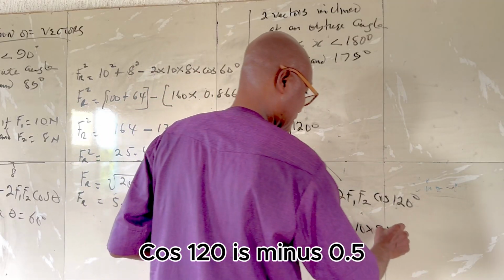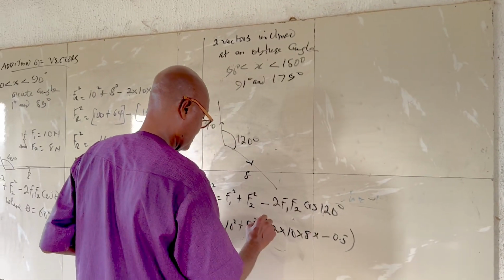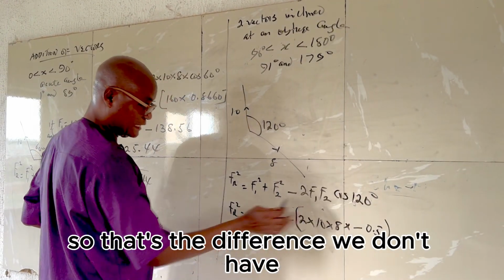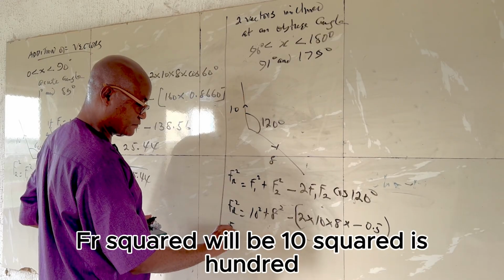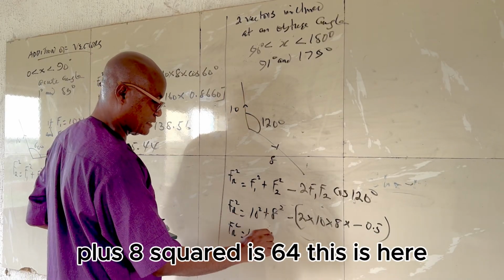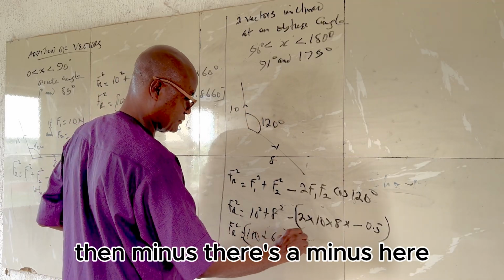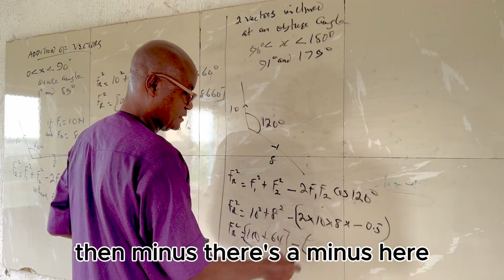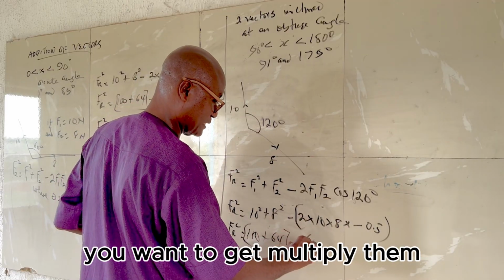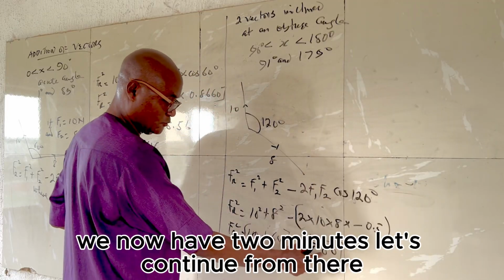Cos 120 is minus 0.5. So fr squared will be 10 squared is 100 plus 8 squared is 64. Then minus, there's a minus here. If you multiply them, you get minus 80. We now have two minuses.